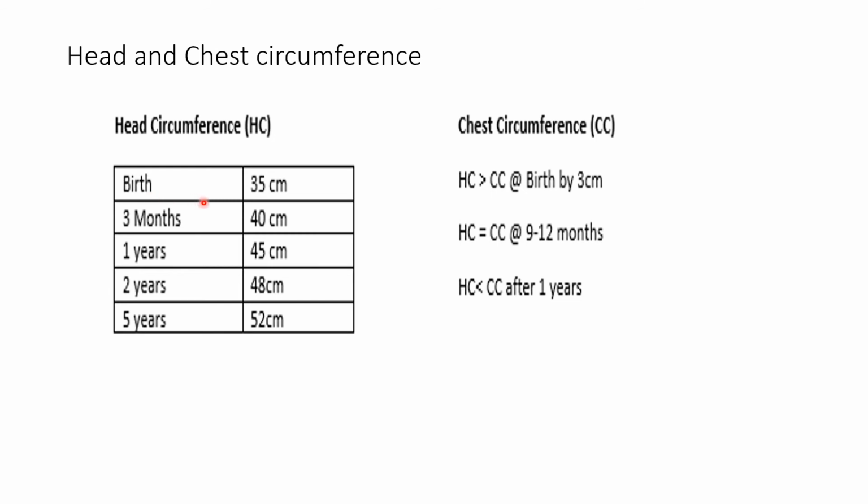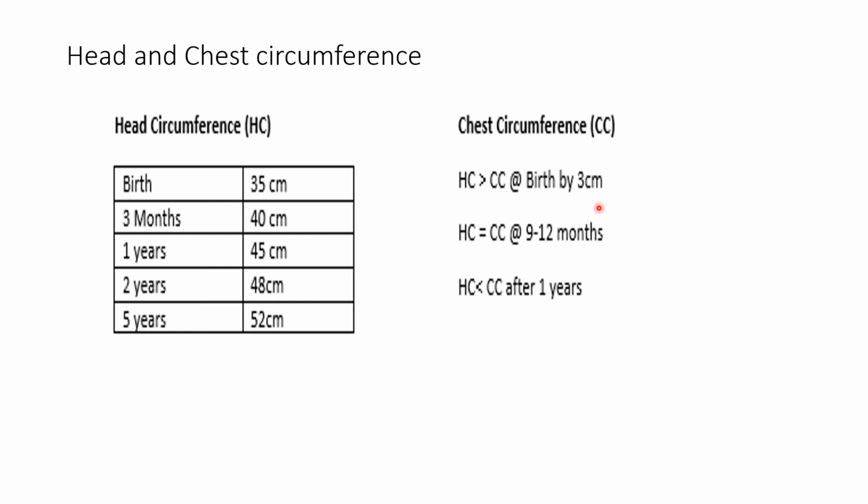See, birth head circumference is usually 35 centimeters. After 3 months it will become more; these are the normal values, whatever values are given here. What happens to the chest circumference? The head circumference is more than the chest circumference at birth, by 3 centimeters.